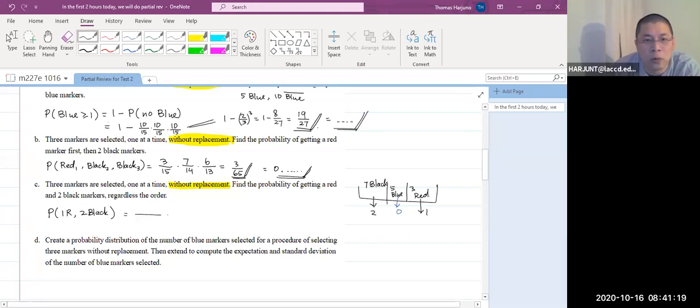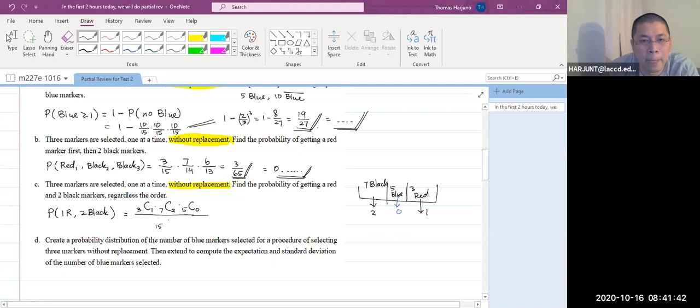Therefore, for the red one, it is 3 choose 1. For the black one, 7 choose 2. And then 5 choose 0. You will see 5 choose 0 is 1, so if you see in my solution I don't write it down, then it's fine.